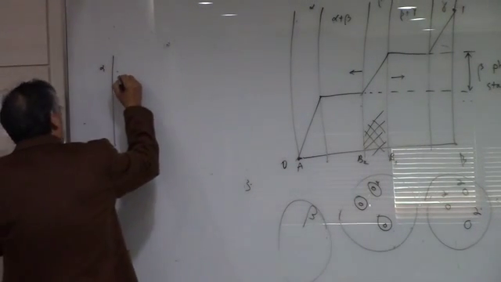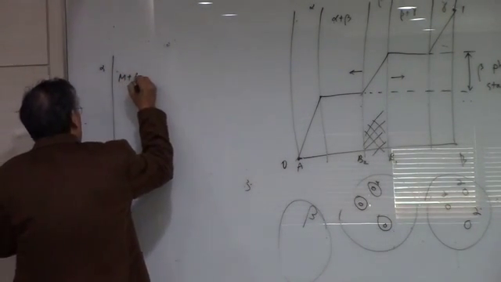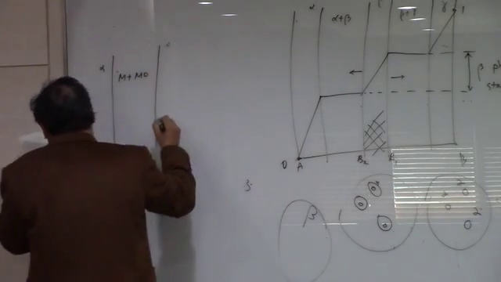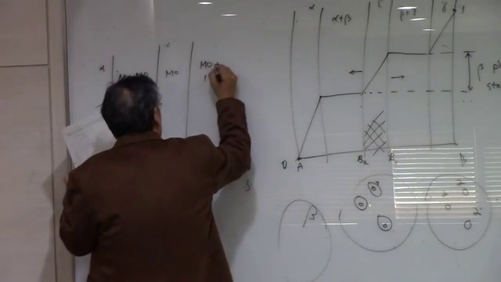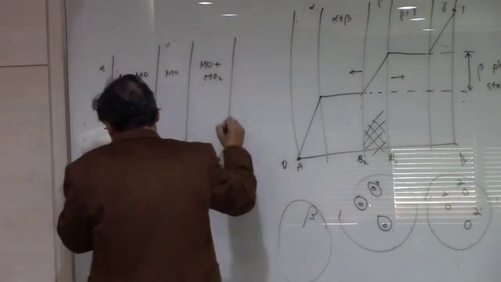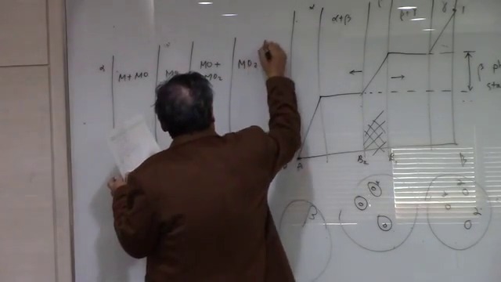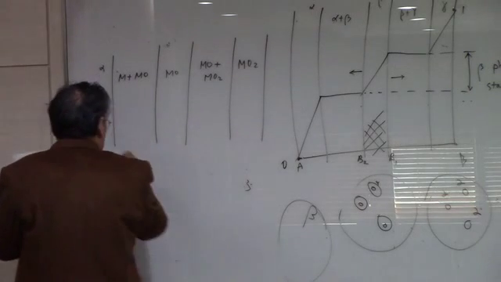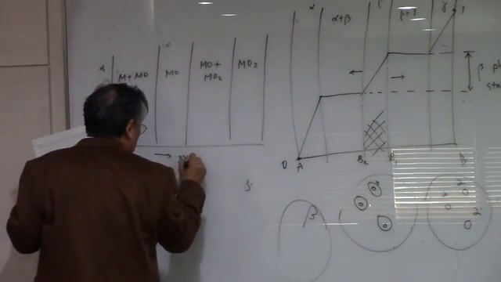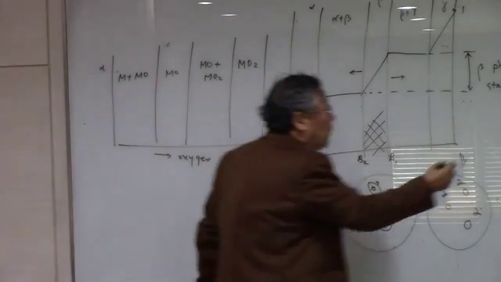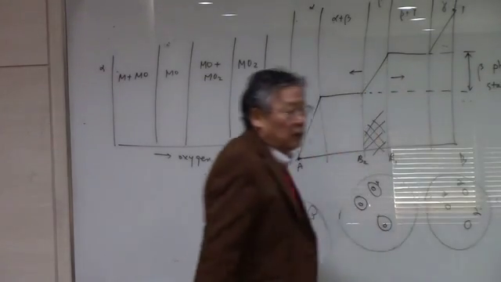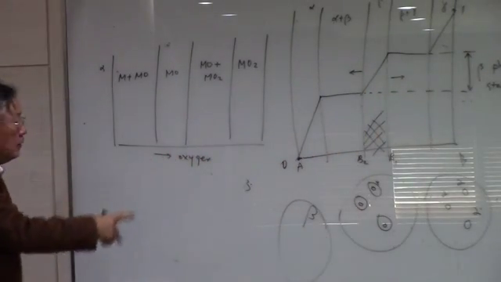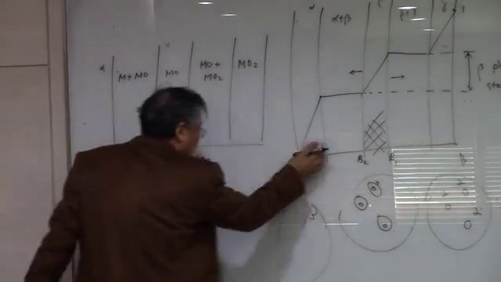Let's say you have an alpha phase and an M plus MO two-phase region, an MO phase, an MO plus MO2 phase, and an MO2 phase, things like that, okay? Let's suppose you have this. This is the oxygen. As a matter of fact, we have exactly something like that with the Fe system, the oxidation of iron.